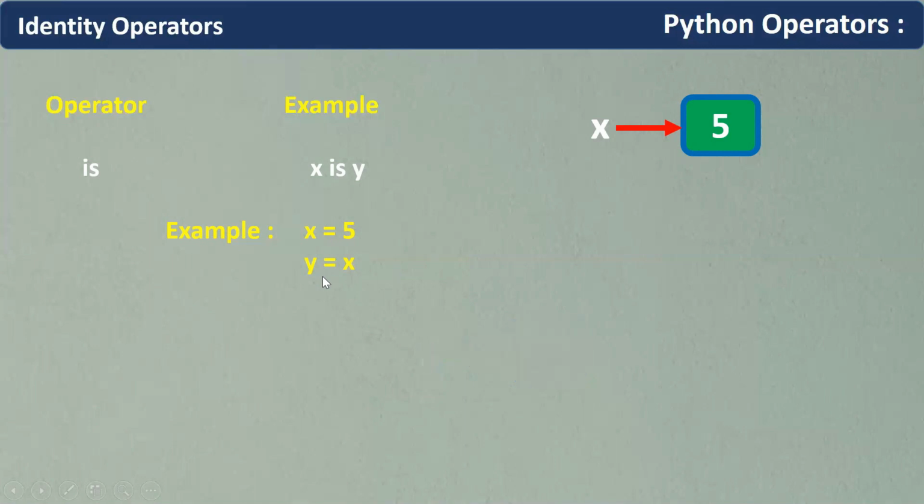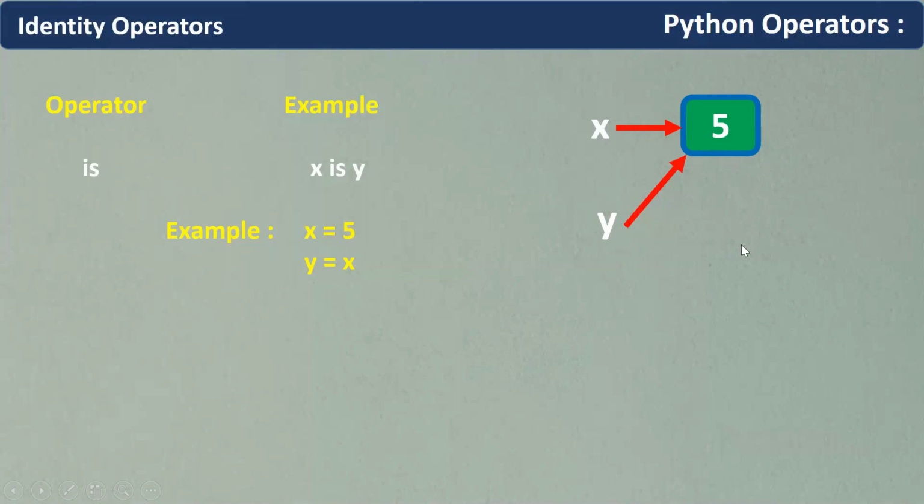What actually happens is, because you are copying the content of x into y, variable y is created and this y is also bound to the same integer object. So here you can observe, instead of creating another object with the same integer value two times, memory is allocated only one time and both variables are pointing to the same object.